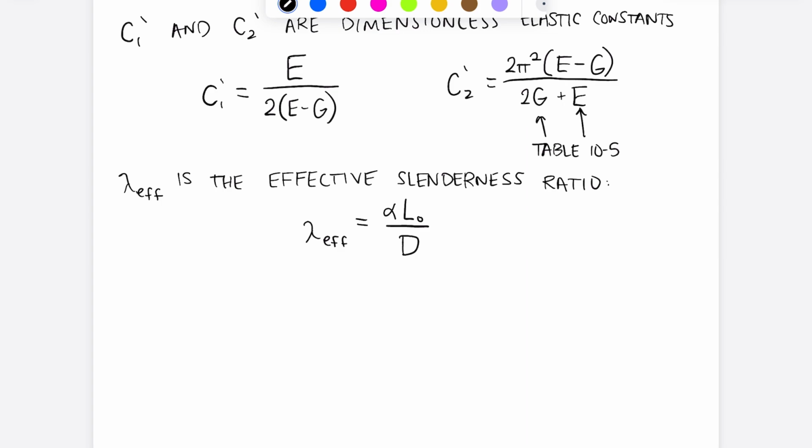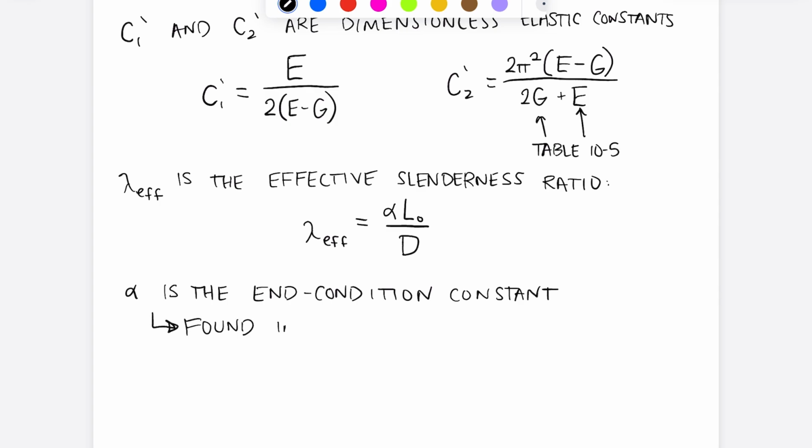And now we've introduced another new constant that we need to define. So alpha is the end condition constant. And this depends on how the ends of the spring are supported. So you can find these in table 10-2.